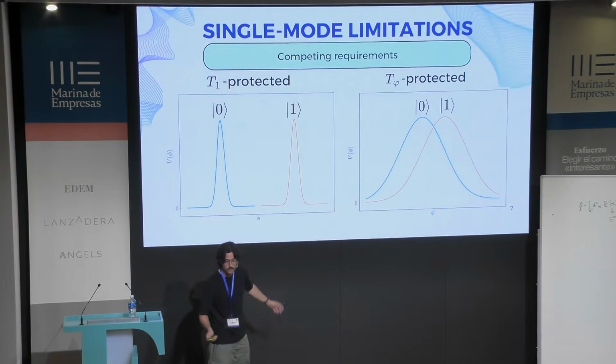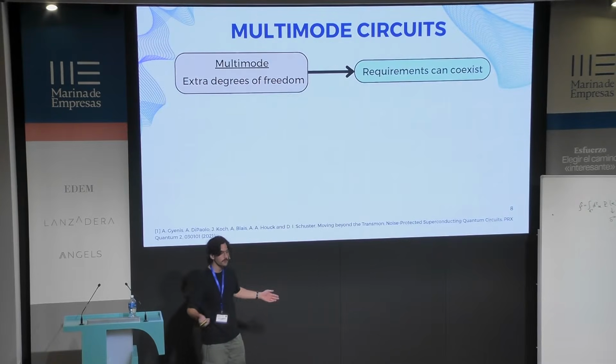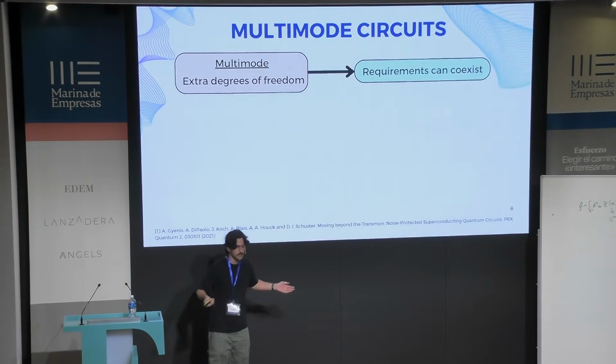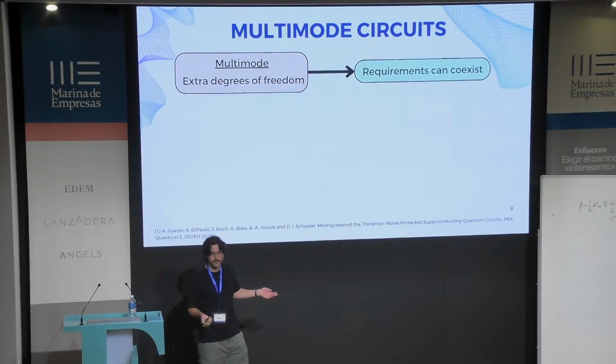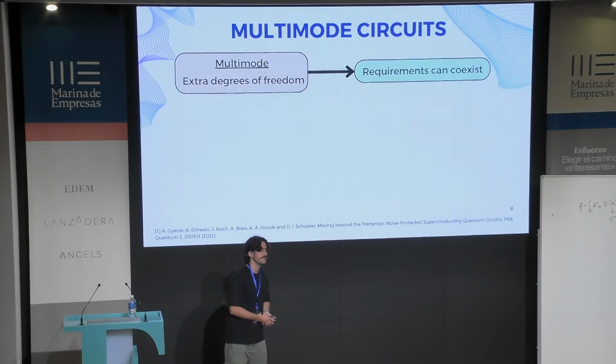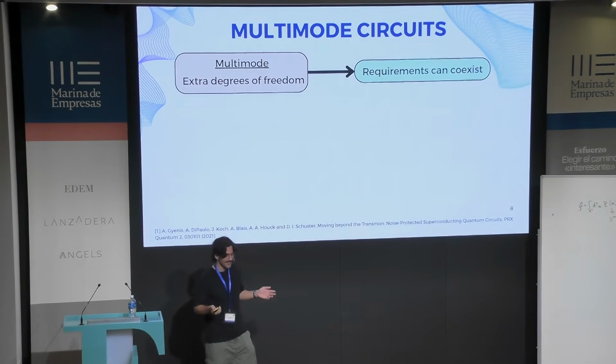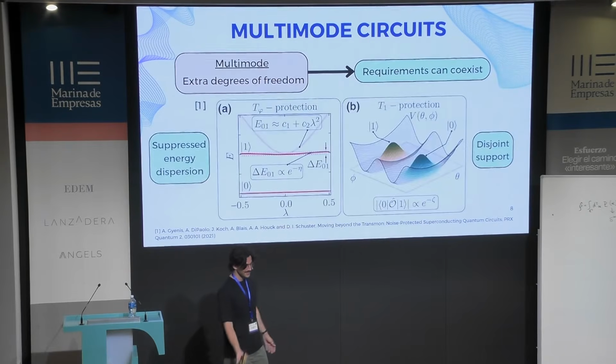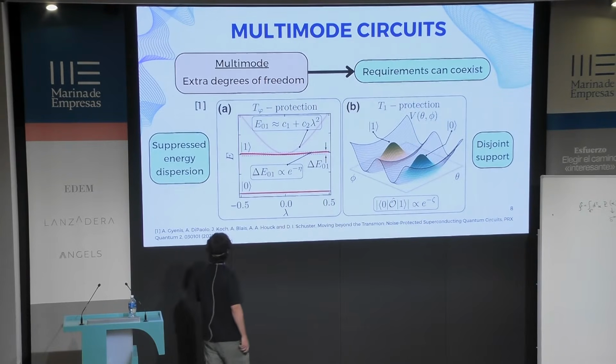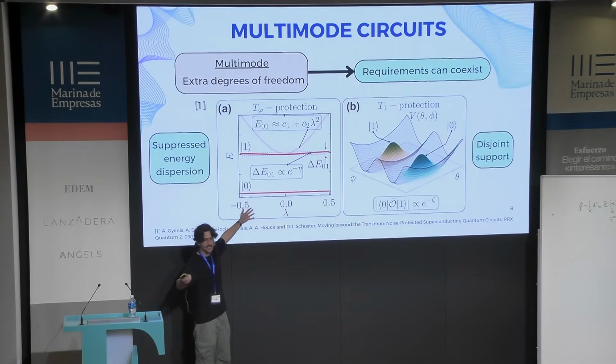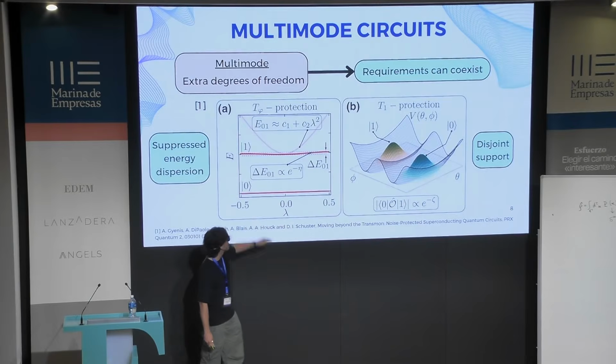So one way to tackle this problem is with multimode qubits. That gives us extra degrees of freedom, so we can allocate these requirements and they can coexist. We can see that here. Basically, we have these energies that are not very dependent on the external sources of noise.